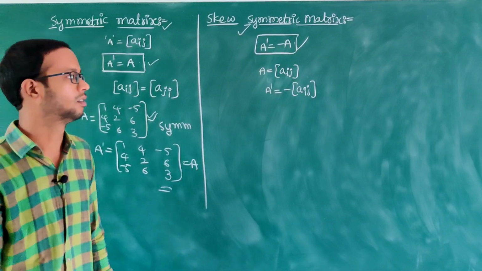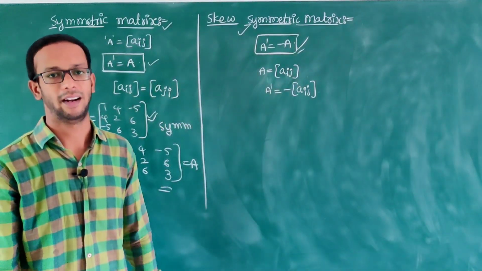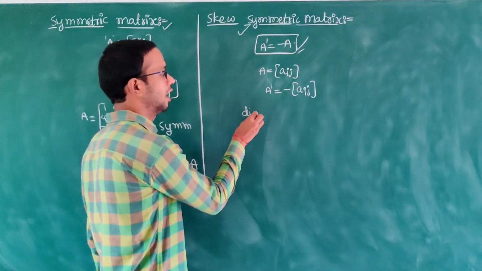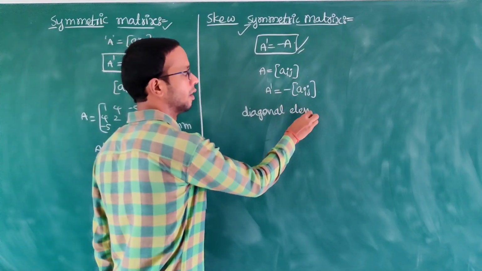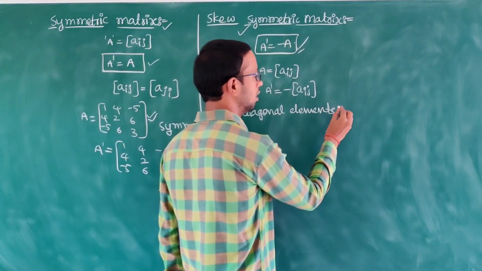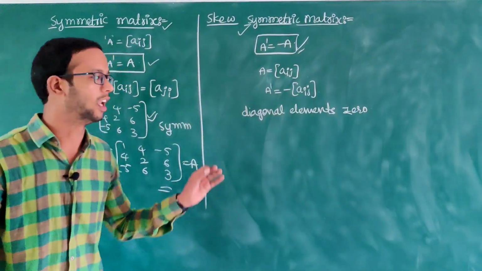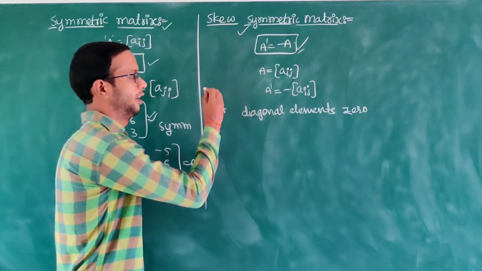If you get that, the matrix is called skew symmetric. In a skew symmetric matrix, all diagonal elements are 0. This is one note point.